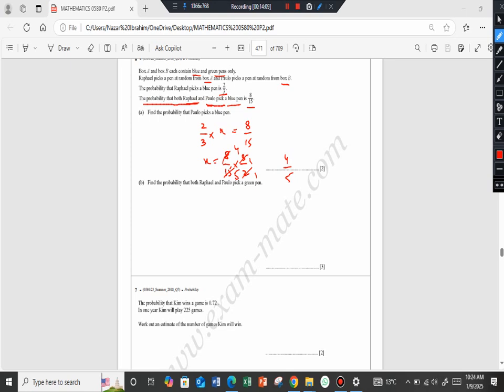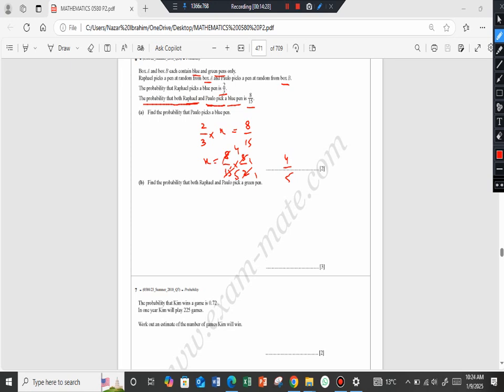Find the probability that both Raphael and Paul pick a green pen. Do we know that if Raphael picks a green pen, what is its probability? Are we aware of that? Yes? Okay.